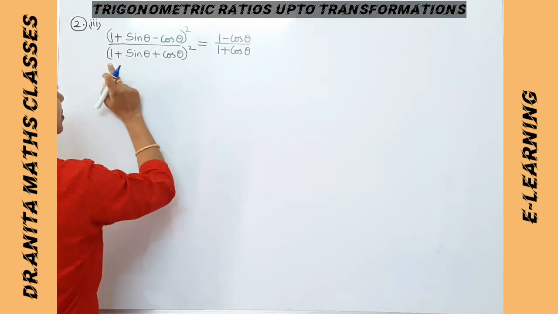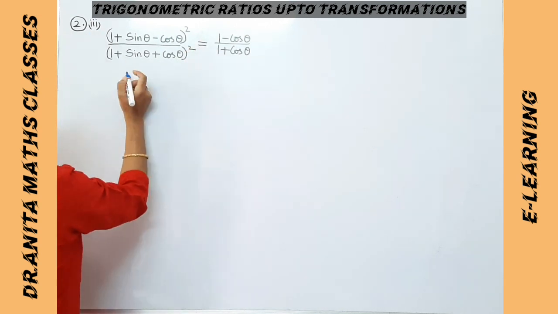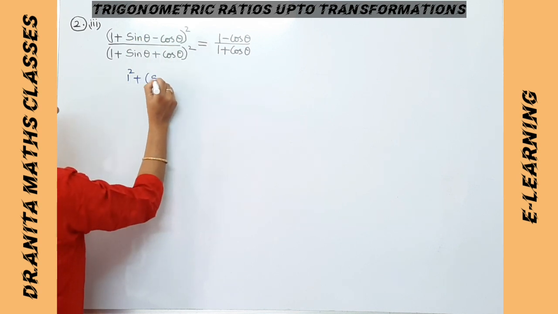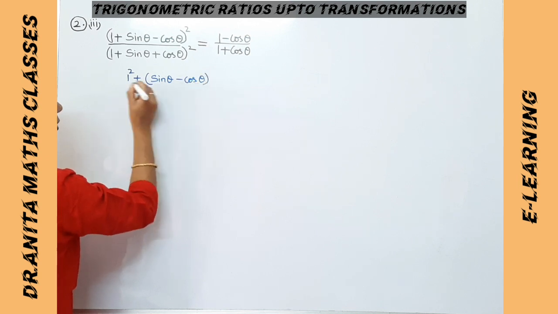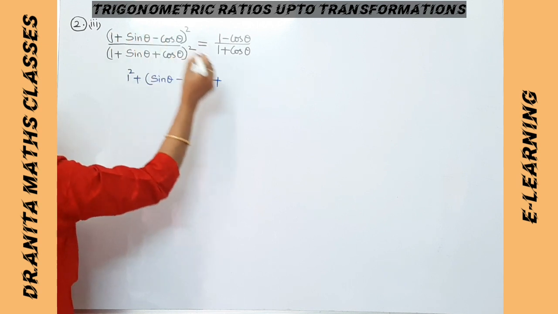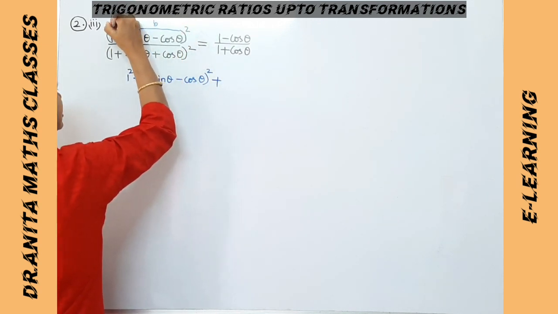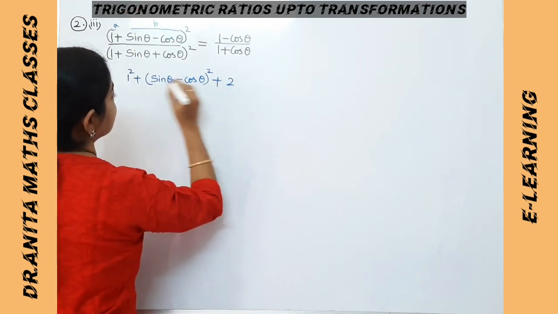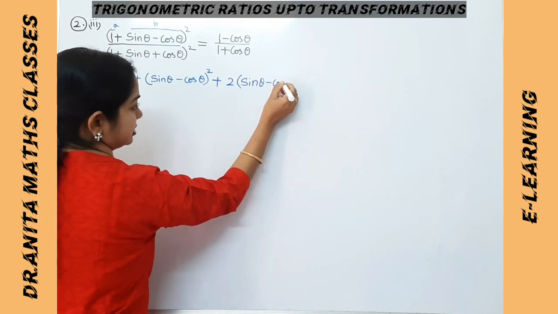A square plus B square, because this is A plus B whole square, where I am considering this part as B and this part as A, plus 2AB. So A is 1, B is sin theta minus cos theta.